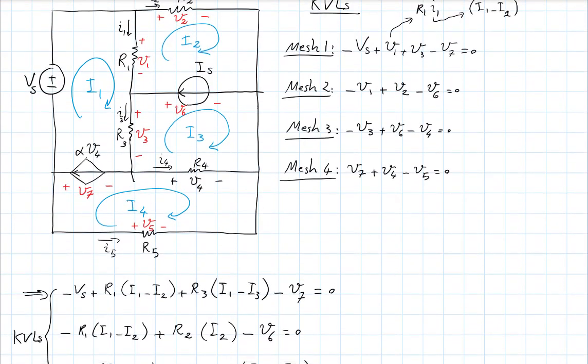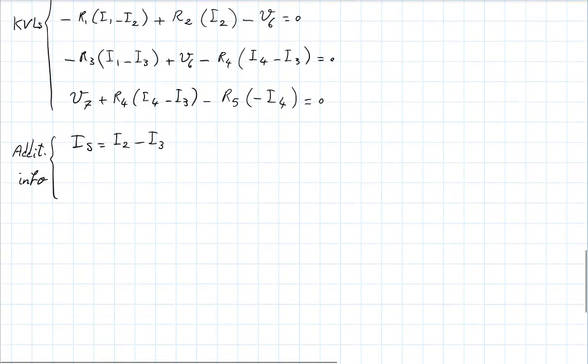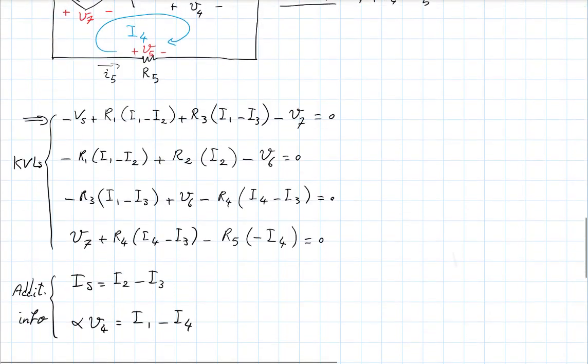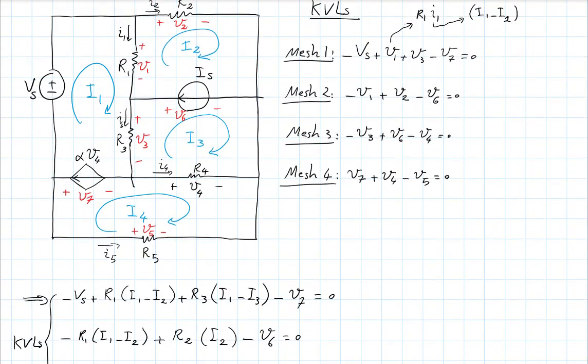And now let's look at the other source. The current in this other source, which happens to be a dependent source, is alpha V4. So alpha V4, which is a current, if you look at it in terms of mesh currents, is going to be big I1 minus big I4. But what is V4 itself in terms of mesh currents?